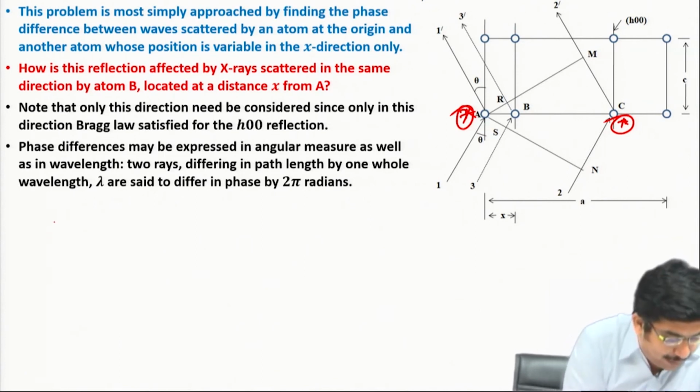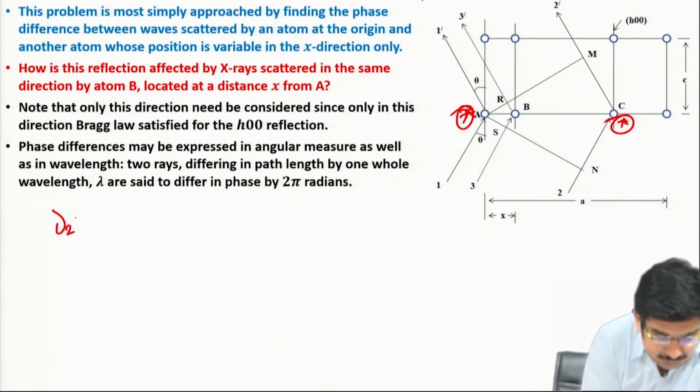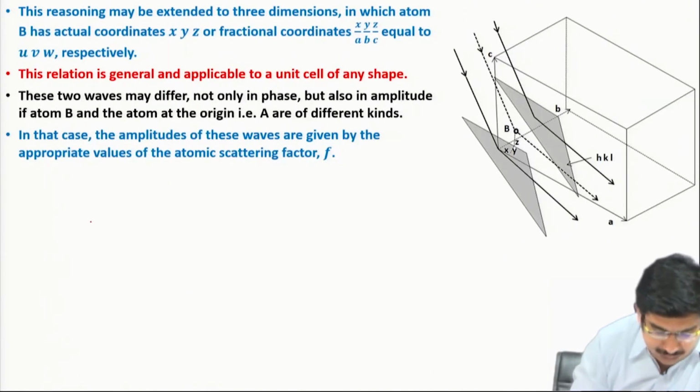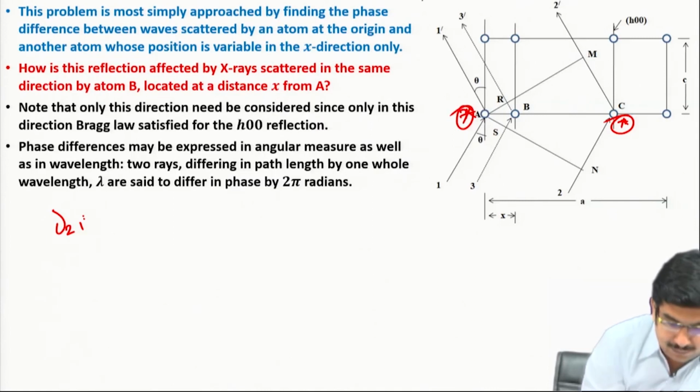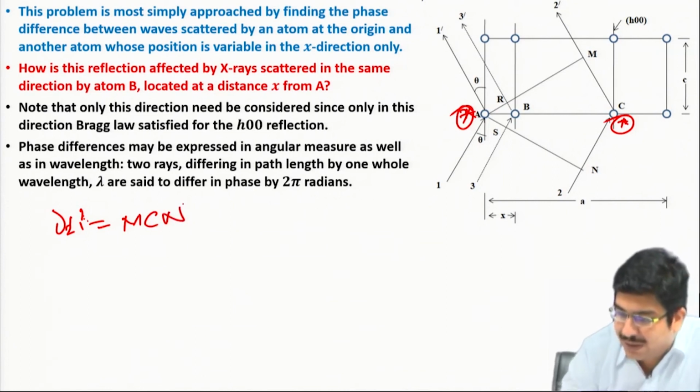We can write down the path difference between them, that is this delta 1 bar 2 bar. This we can write from this geometric consideration as MCN. So, basically this construction, we are now considering this construction MCN.